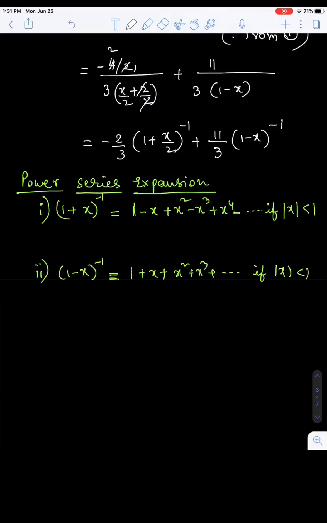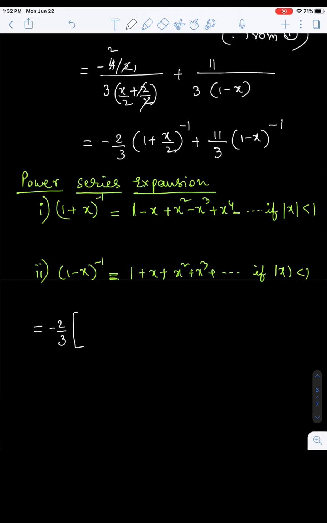Coming to the problem, we have to write the expansion of this number. How to write? I will tell you. It is equal to minus 2 by 3, same there.